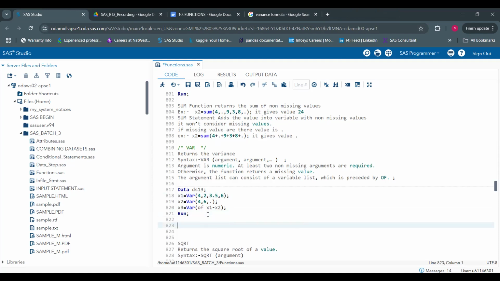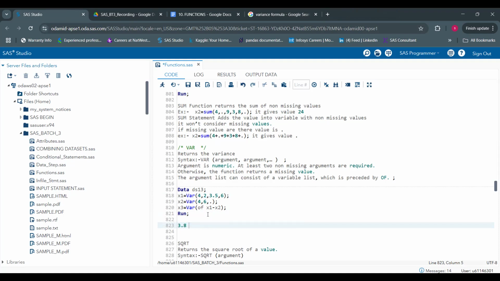Normally, variance is always used to calculate how the values are spread out across the mean. Our mean here is 3.8.